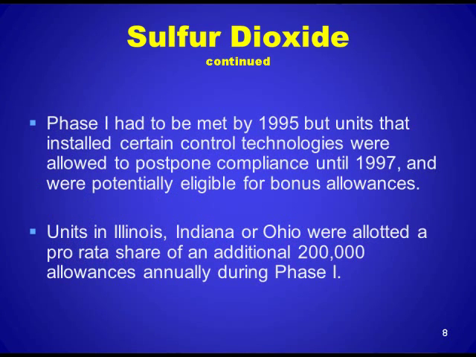Phase 1 had to be met by 1995, but units that installed certain control technologies were allowed to postpone compliance until 1997 and were potentially eligible for bonus allowances. Units in Illinois, Indiana, or Ohio were allotted a pro rata share of an additional 200,000 allowances annually during Phase 1.